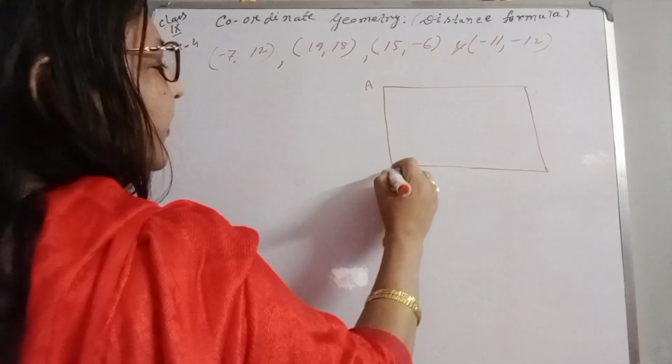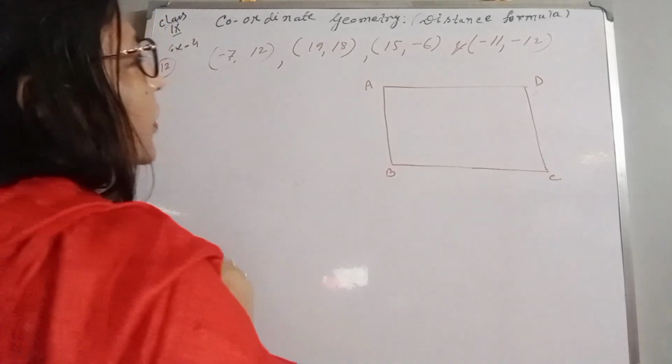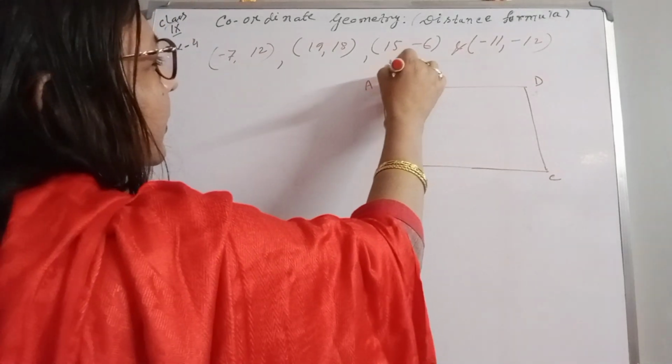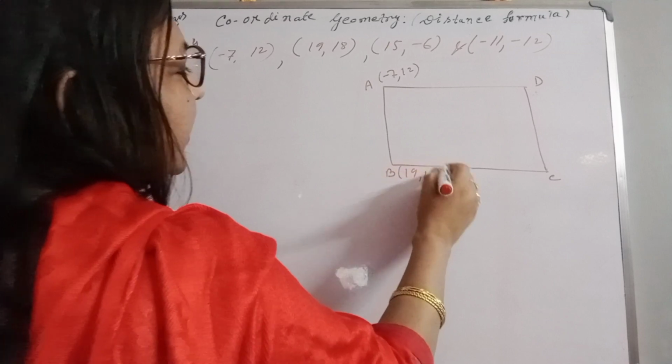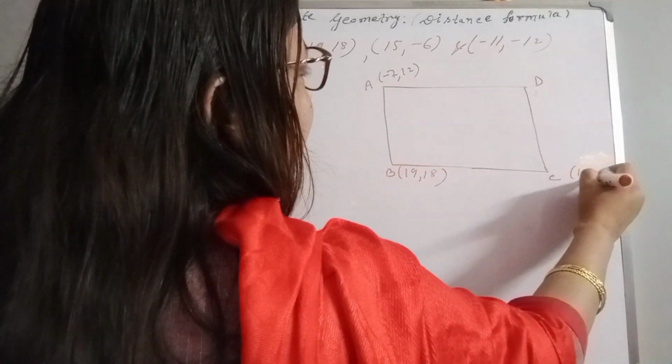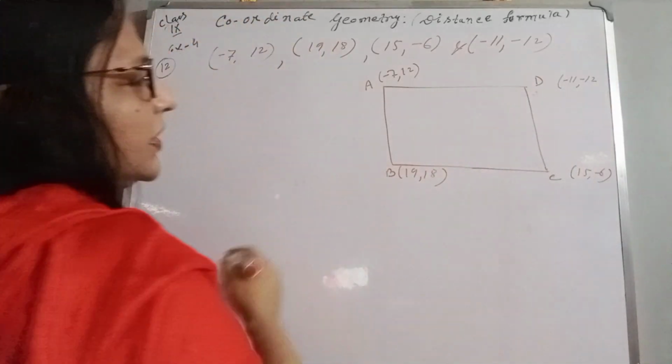Okay, so let us write, this is A, this is B, this is C, this is D. So -7, 12, this is 19, 18, 15, -6, -11, -12.